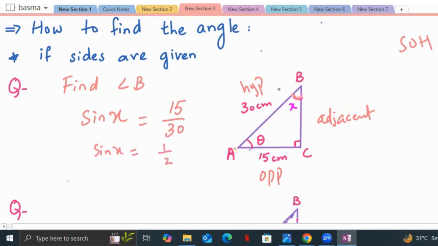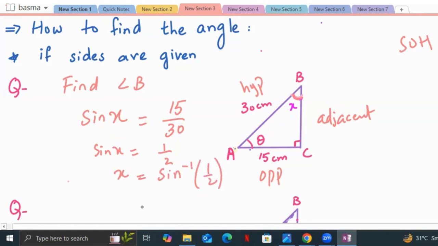Now you don't want sine of x, you only want the angle x. So you have to remove the sine ratio along with the x. Remember, whenever you move the trigonometric ratio to the other side without the angle, it always gets reversed. So when I move the sine to the other side, it becomes sine inverse of a half.